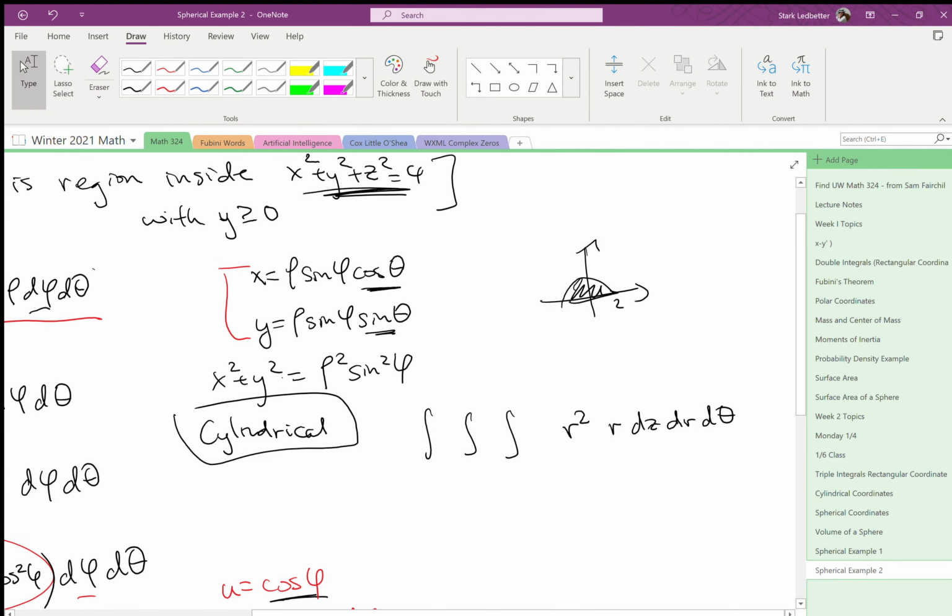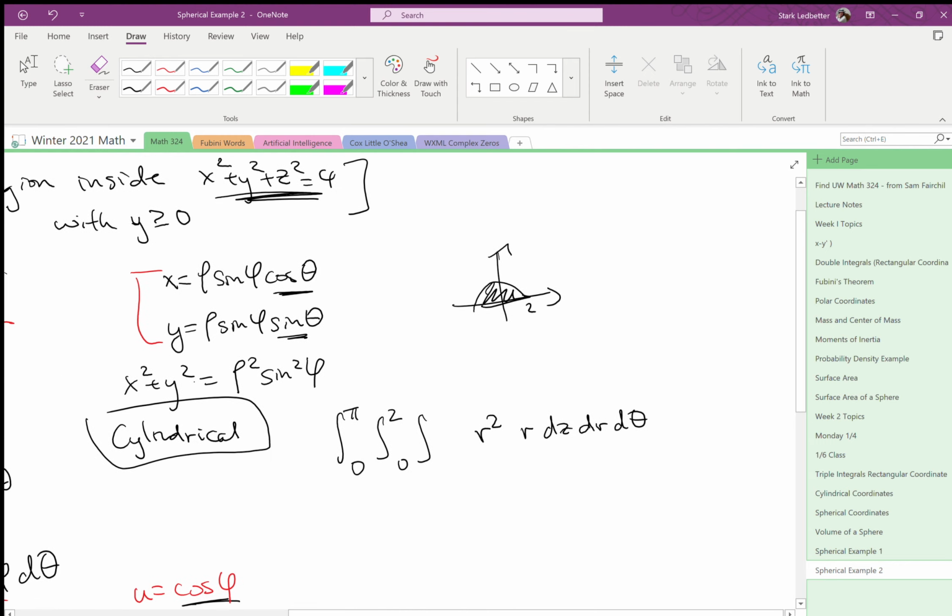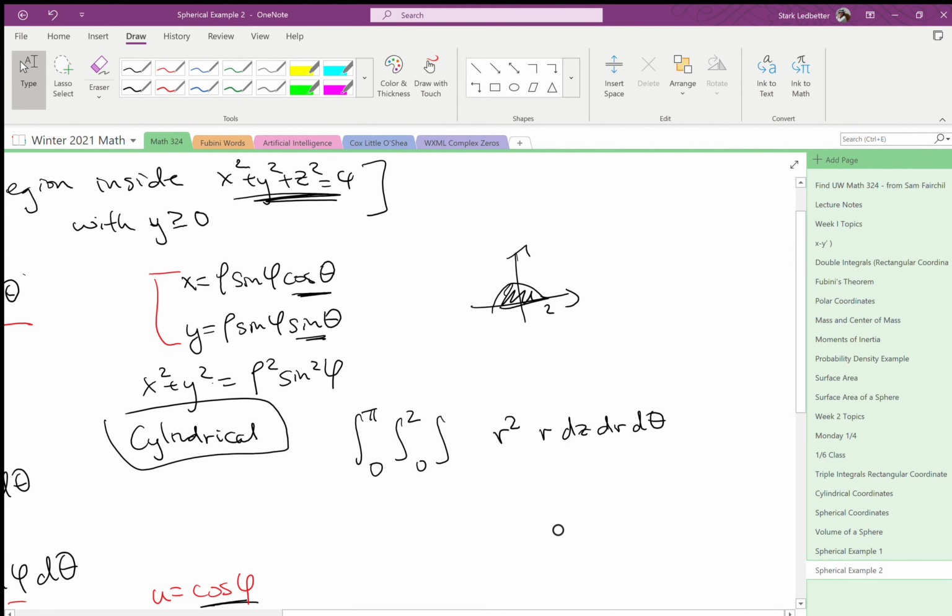So let's see, r is going to go from 0 to 2. Theta is going to go from 0 to pi. And then z, now we have to go into 3 dimensions. We have to promote that to a sphere. We want the whole half of that sphere.